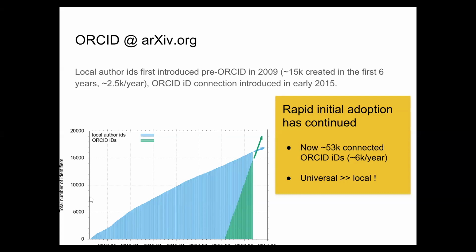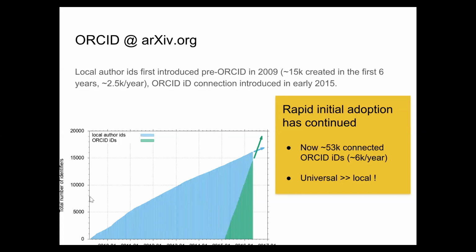So going back to archive, we introduced local author identifiers in the pre-ORCID era, which seems a long time ago now, back in 2009. And we thought we were going along pretty well with something like 15,000 local author IDs created, claimed, and reconciled in the first 6 years. That's about 2,500 a year.